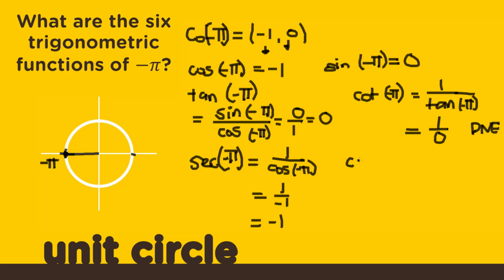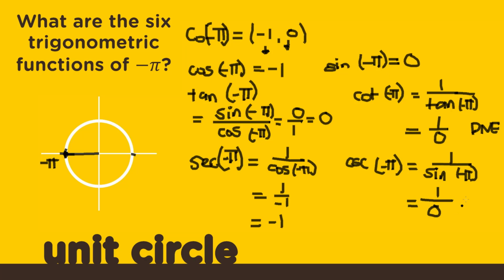And finally, for our last trigonometric function, the cosecant of negative pi, it is the reciprocal of sine. So 1 over sine of negative pi, which is 0.